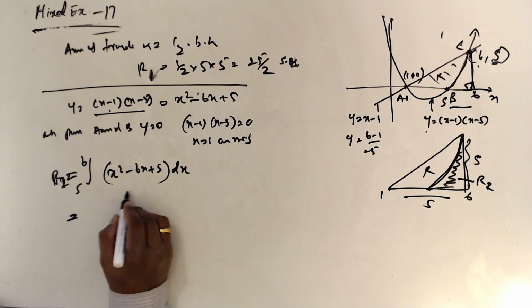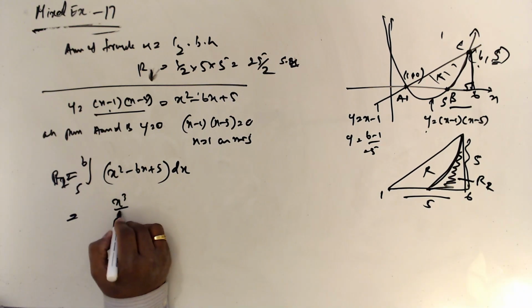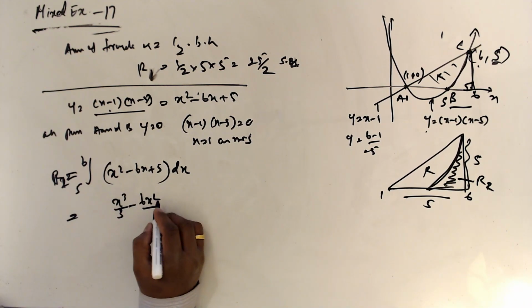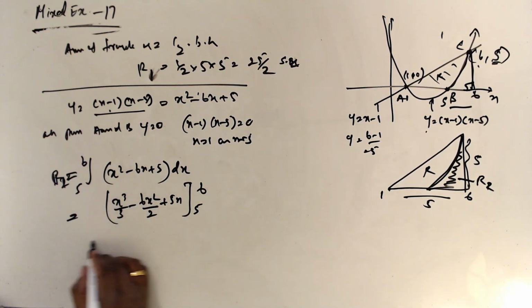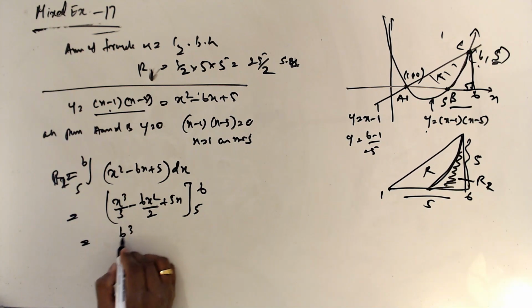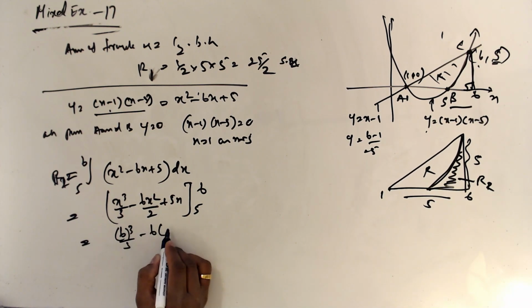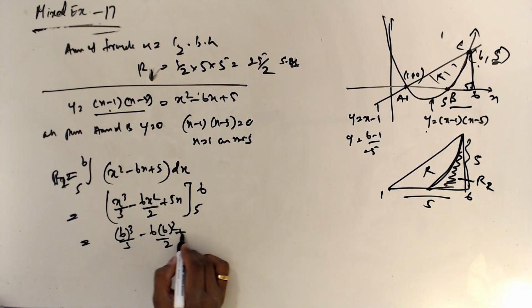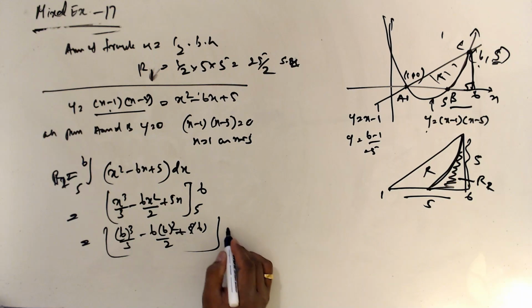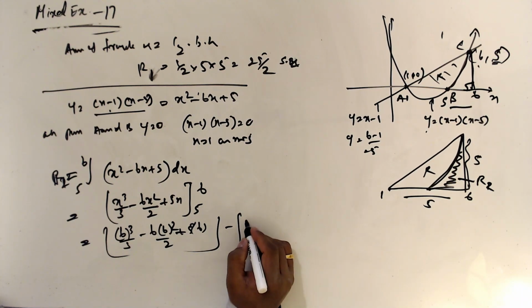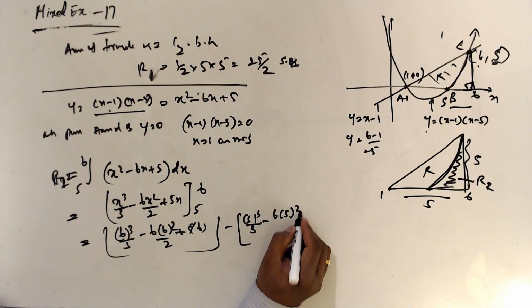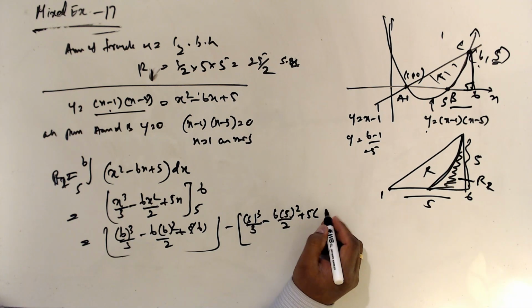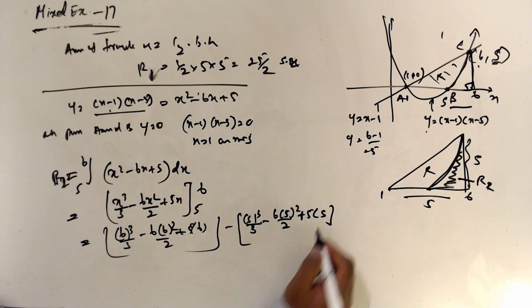So this is x cube over 3 minus 6x square over 2 plus 5x from 5 to 6. So 6 cube over 3 minus 6 times 6 square over 2 plus 5 times 6, minus 5 cube over 3 minus 6 times 5 square over 2 plus 5 times 5.